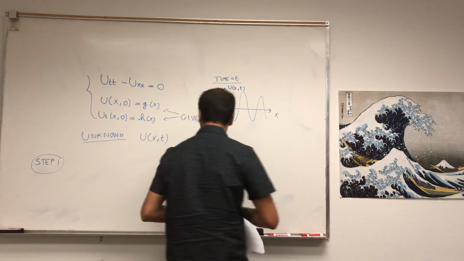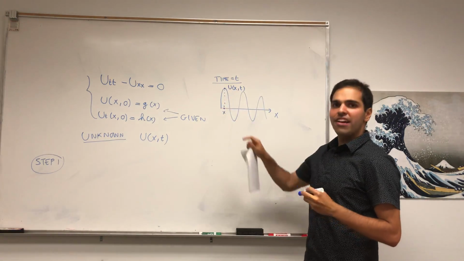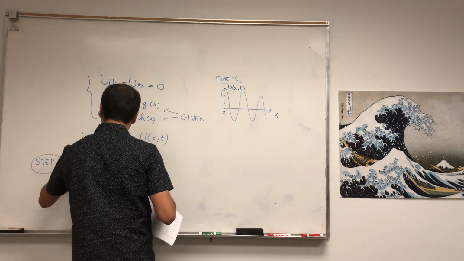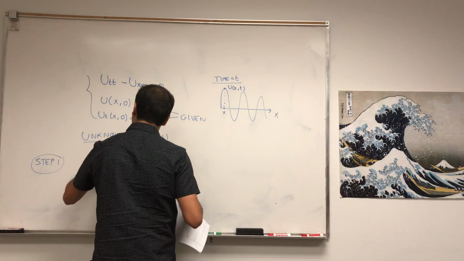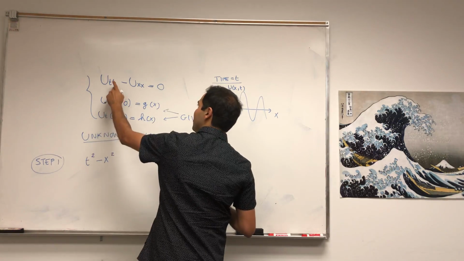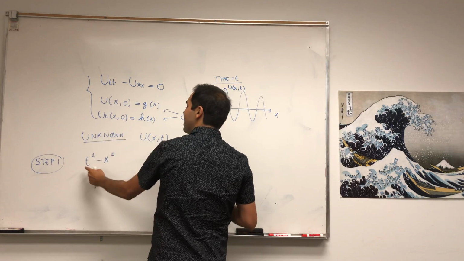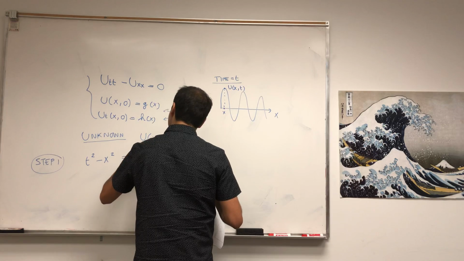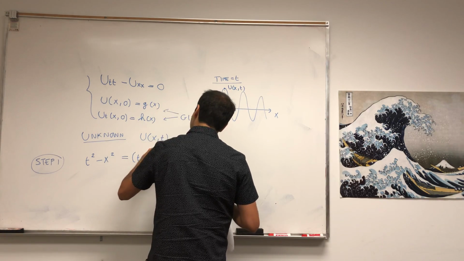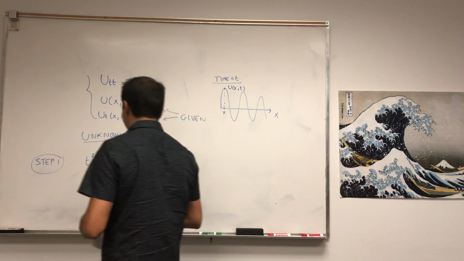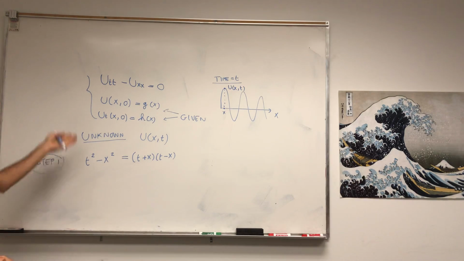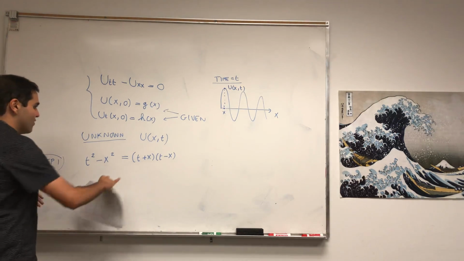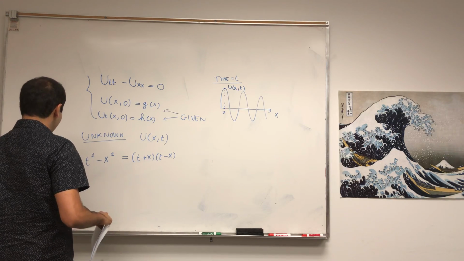It turns out what saves us here is a very nice factorization based on the following fact: t squared minus x squared, if you replace tt by t squared and xx by x squared, is the same as t plus x times t minus x. Now we want to do the same thing, but with differential operators.